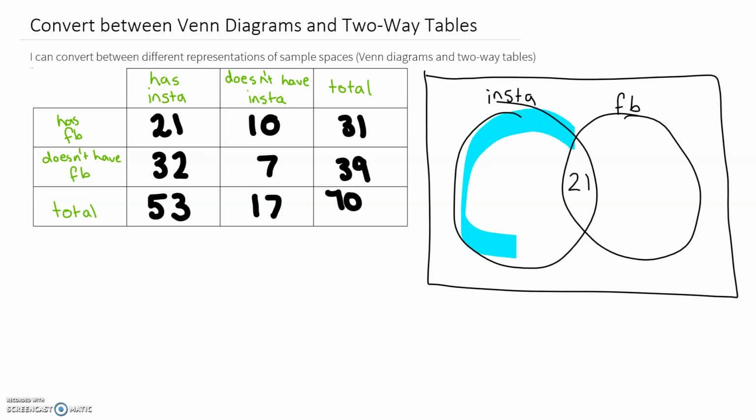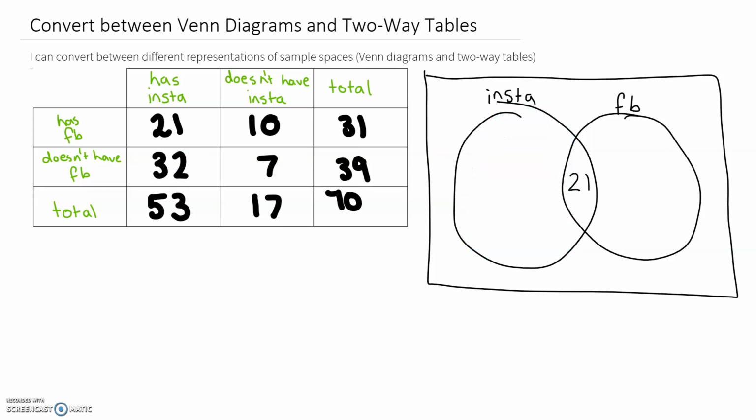For this section of the Venn diagram, this is people who have Instagram, but they don't have Facebook because they're not part of that Facebook circle. So again, we go to our two-way table and think, what are the people who have Instagram but don't have Facebook? That's this part here.